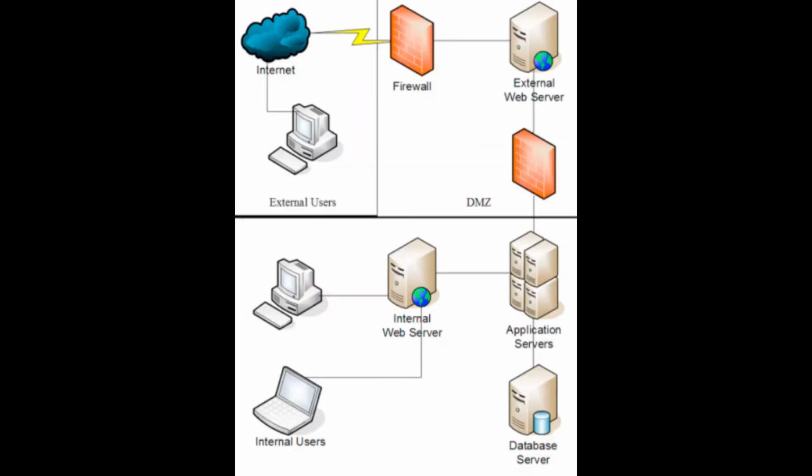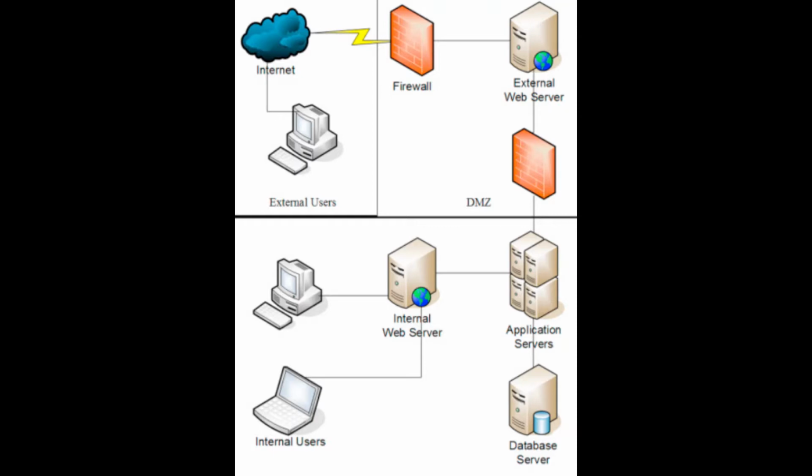If you want it more secure, for example, if you want to connect your web server or app server using internal resources and external resources, in that case you can use two firewalls.